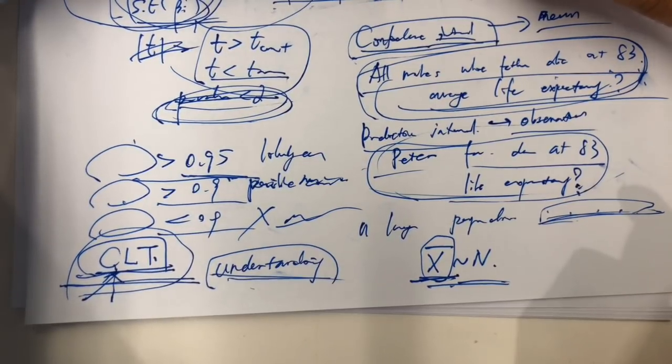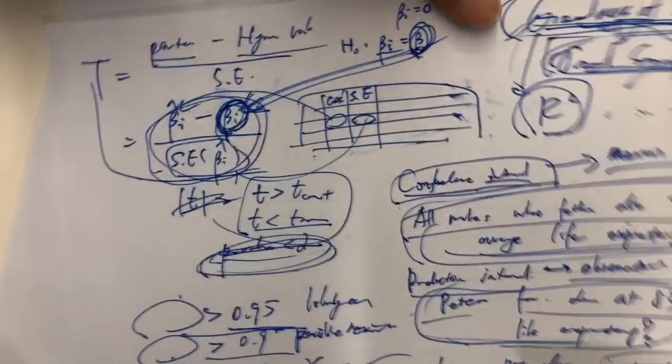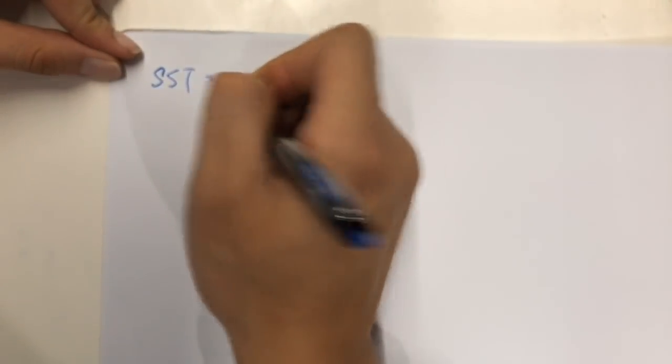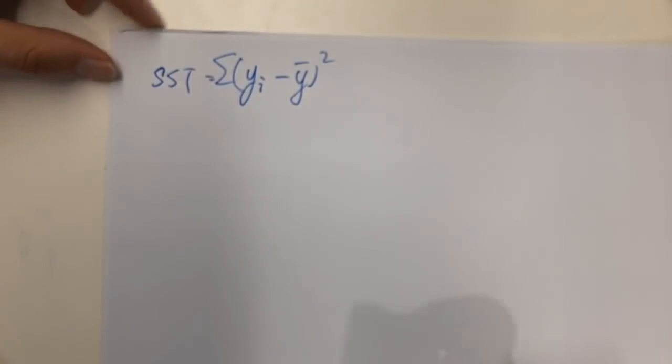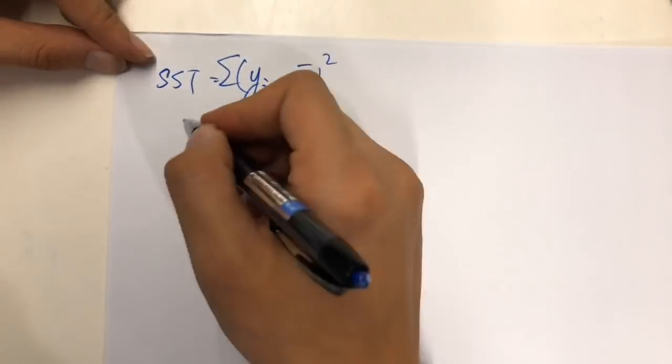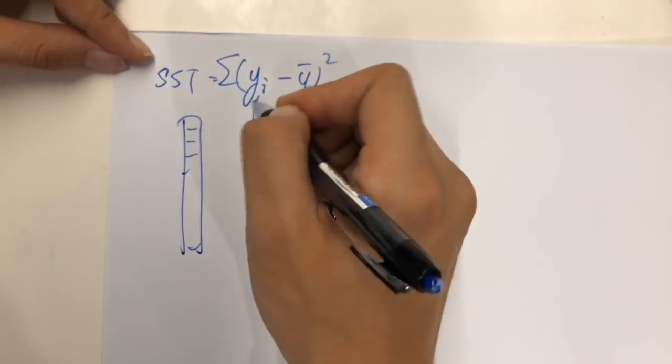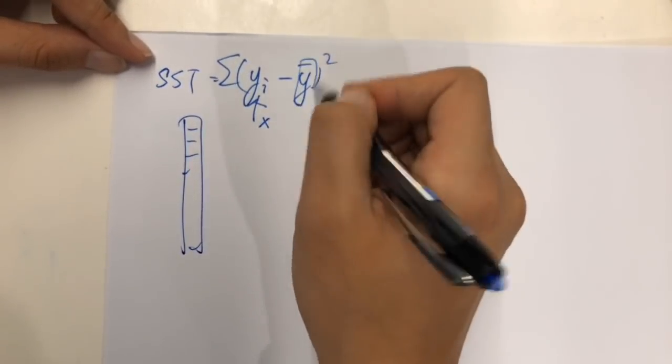Why is SST the same for all possible linear regressions for a given set of data? Let's see, what is SST? SST is the sum of the squared differences between observed y and y bar. If you have a set of y data, does yi change? No. Does y bar change?